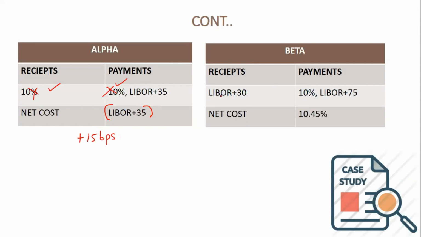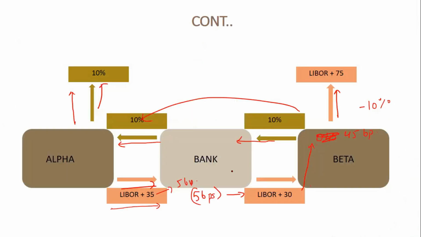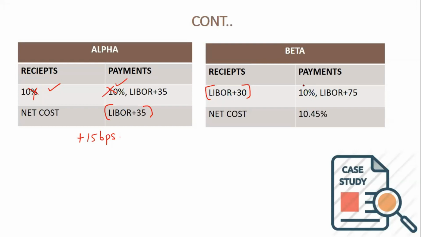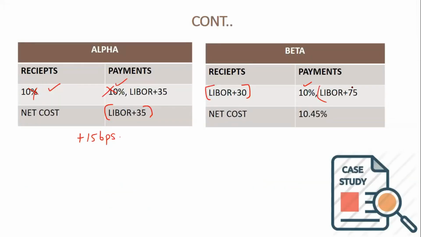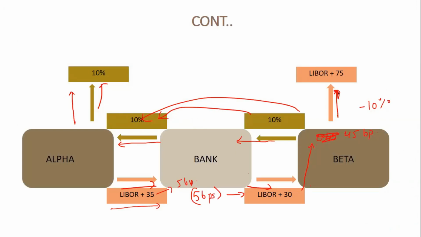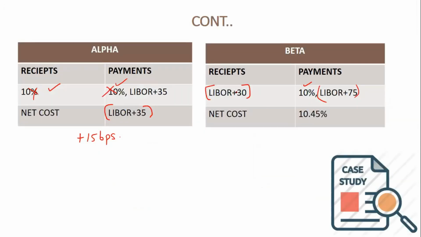Let's look at Beta now. Beta received LIBOR plus 30 from the bank, right? And Beta paid 10%, and LIBOR plus 75 to the investors, correct? So this LIBOR plus 30 and this LIBOR plus 75, what is the difference? 0.45.